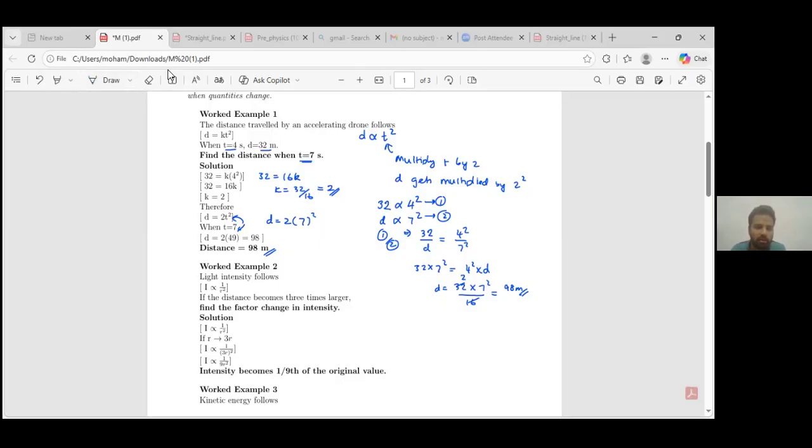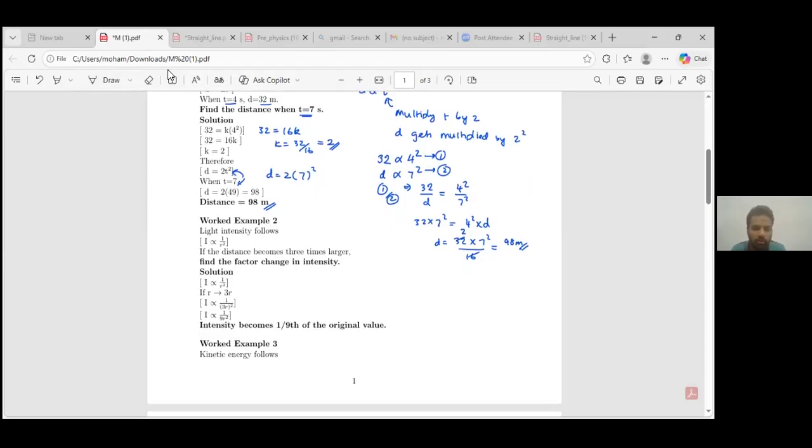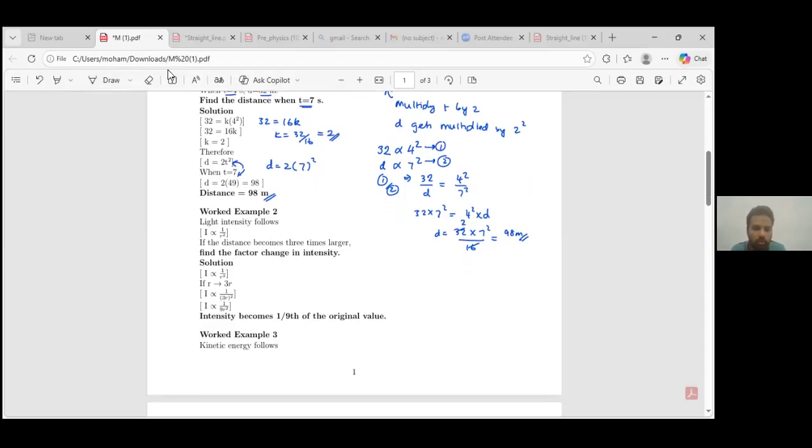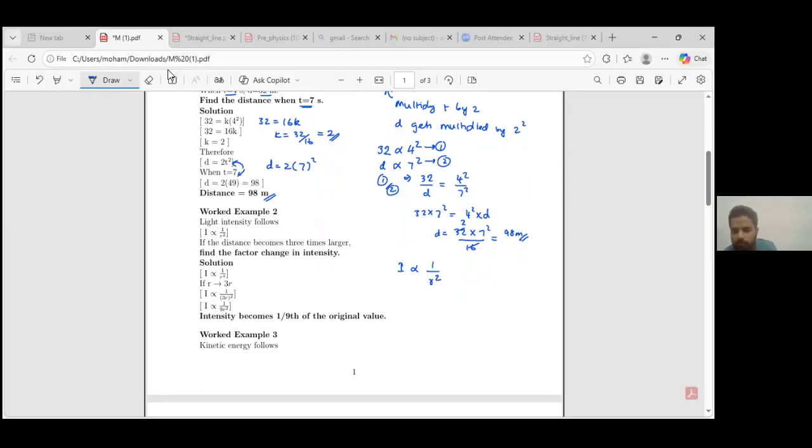Now in that they've said the light intensity follows I is proportional to 1 over r squared. So it's an inverse proportionality.